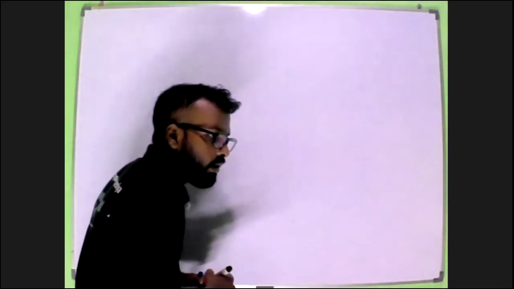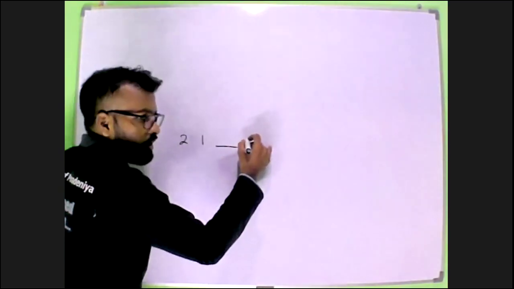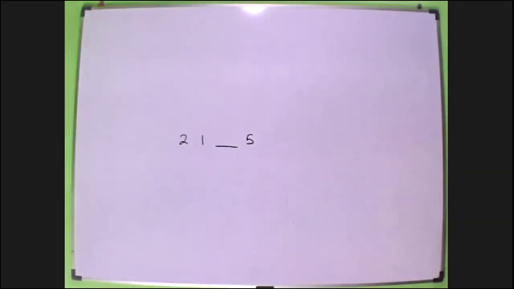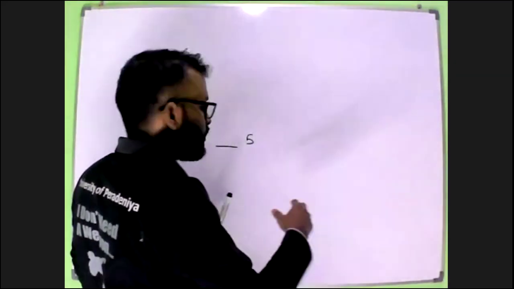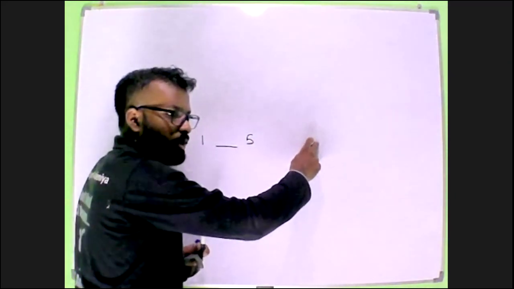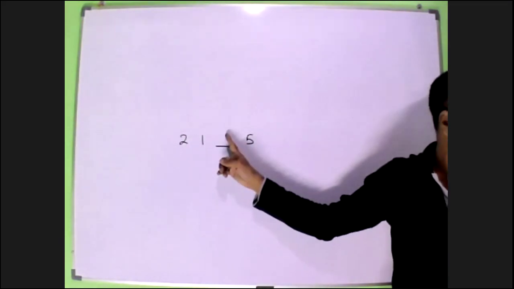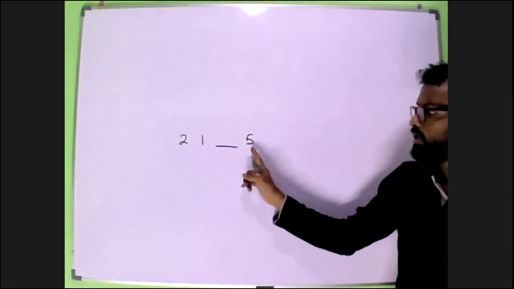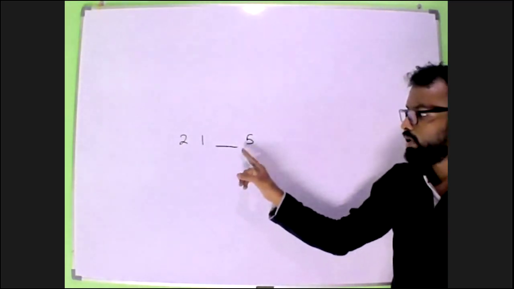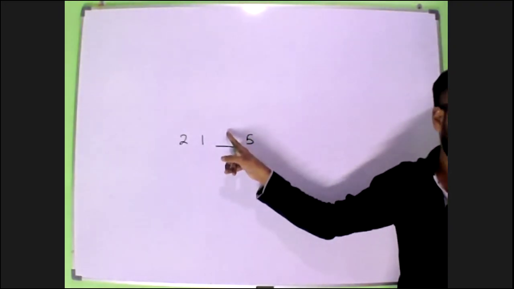It should be: if the number 21, blank space, 5, with 4 digits, is divisible by 9 without a remainder, which digit should be there in the tens place? This is ones place. This is tens place. This is hundreds place. The tens place is the empty place that you need to find.